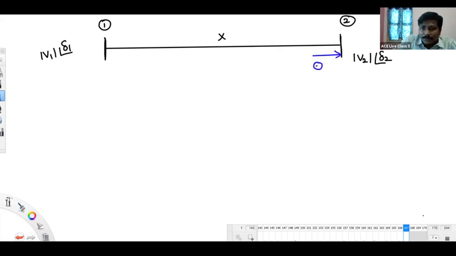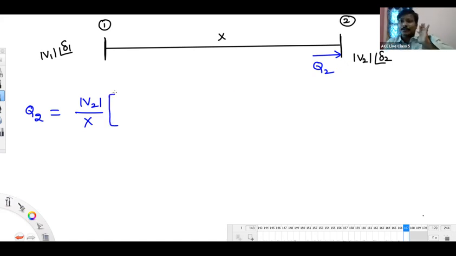This is some reactive power Q2. Look, which bus are you standing at, bus 1 or bus 2? Tell me please. Bus 2, clear. So I should write V2 by X, since I am standing at bus 2.